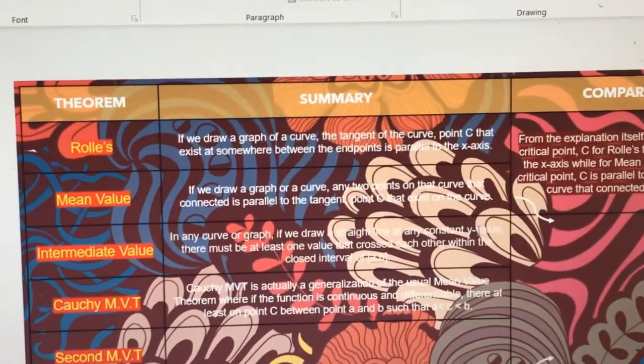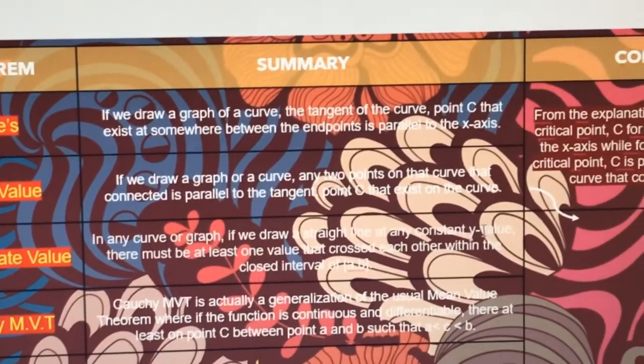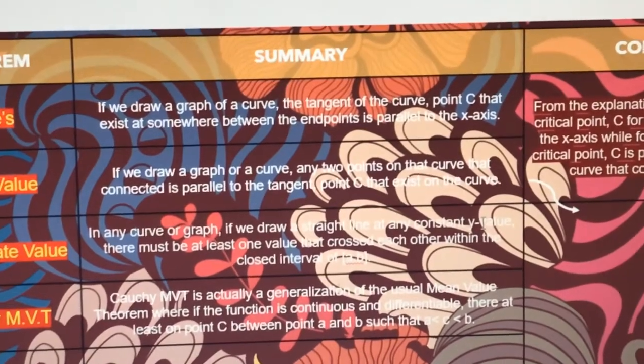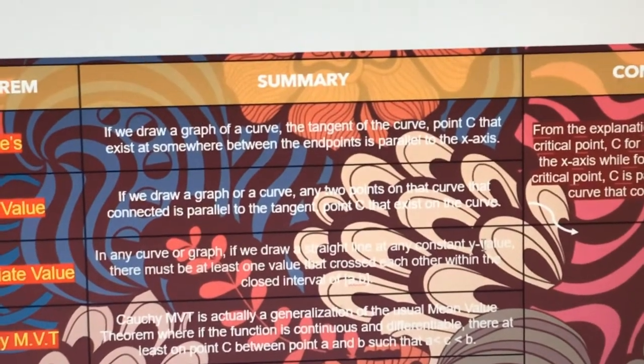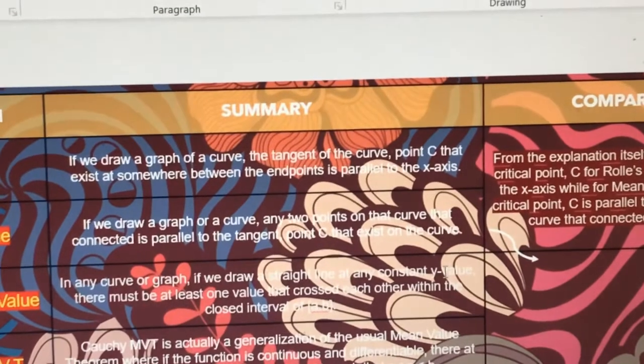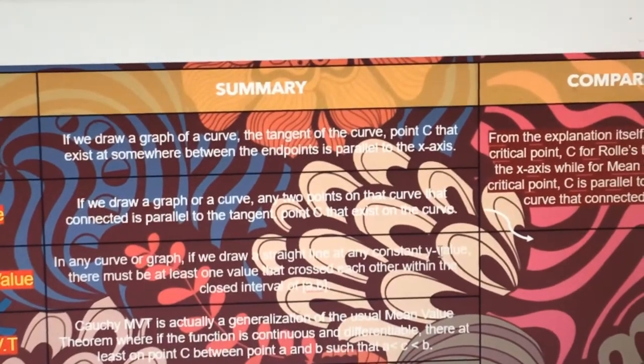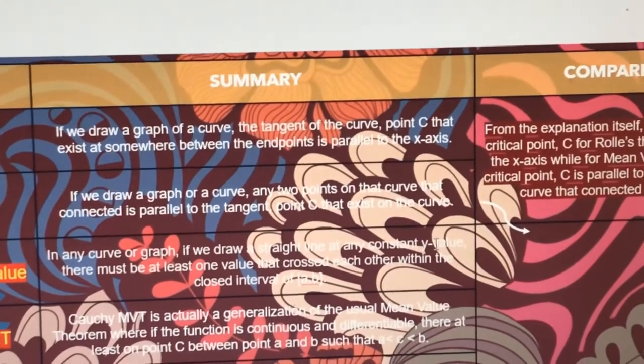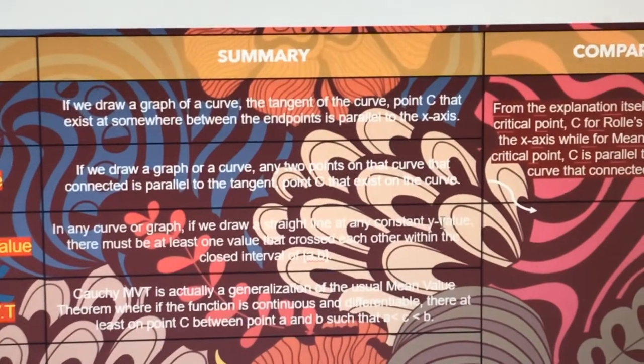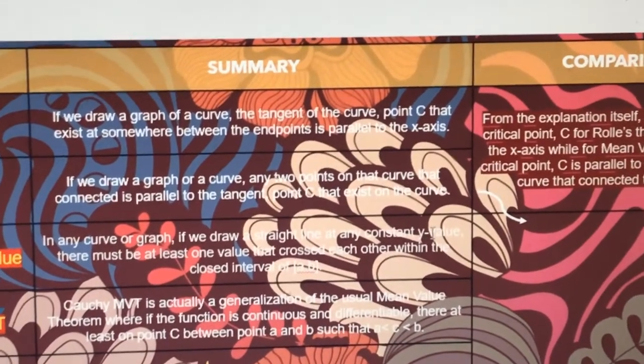The summary is, firstly, for Rolle's theorem, if we draw a graph of a curve, the tangent at point c, the critical point that exists somewhere between the endpoints, is parallel to the x-axis.